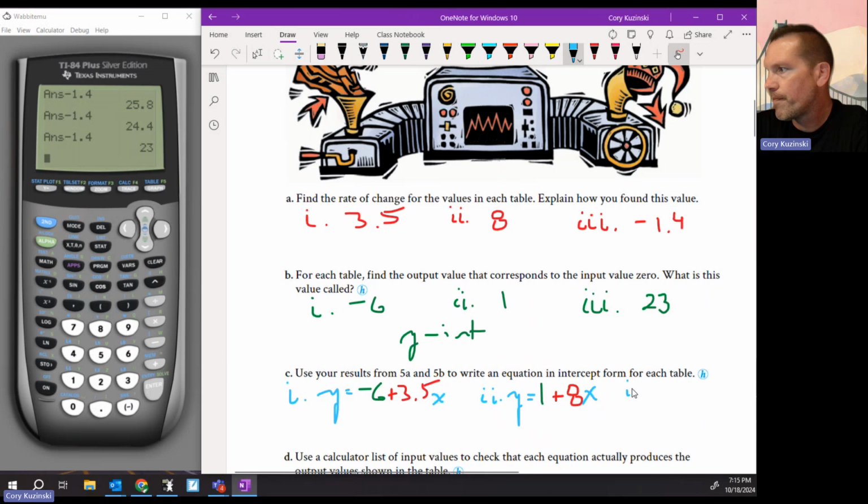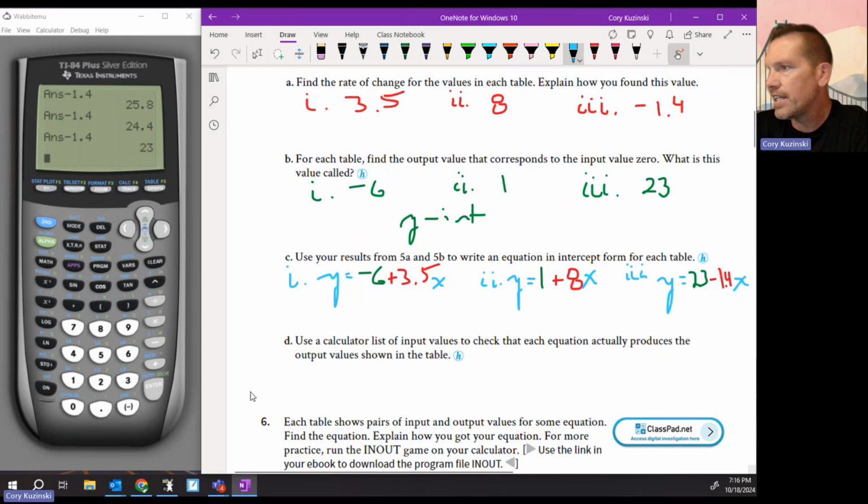And 3, 23 minus 1.4x. Oh, I got my y equals, didn't I? I don't want to be lazy. I'm going to put it in. Y equals 23 minus 1.4 times x.